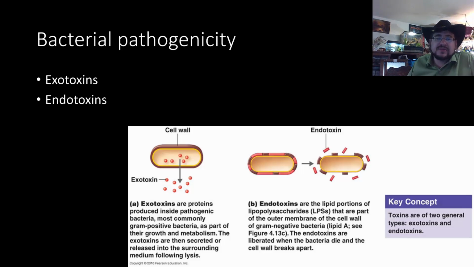This is important because we talked about how when your immune system nukes an exotoxin-making bacteria, the bacteria stops making exotoxins because it's dead. So the more of them you kill, the less dangerous the disease is.